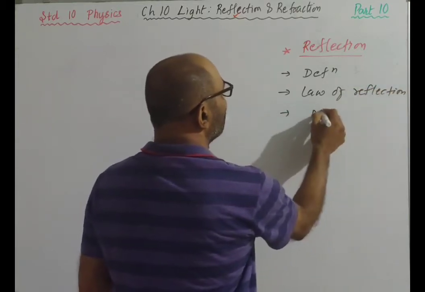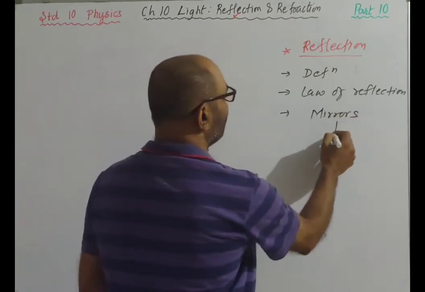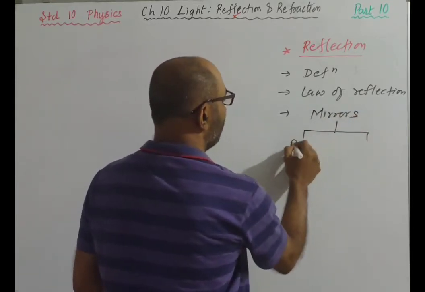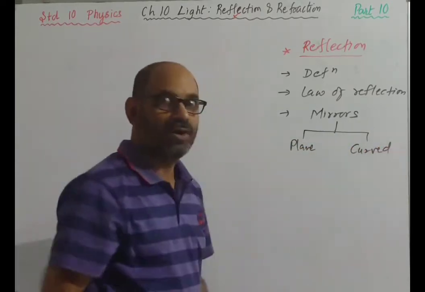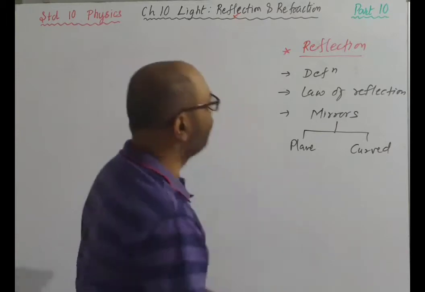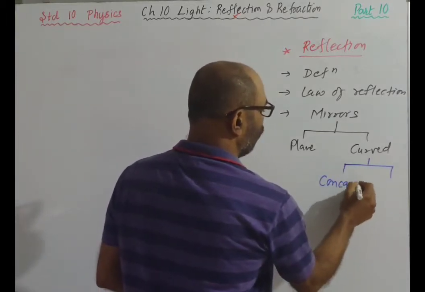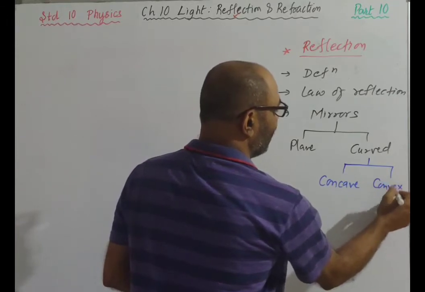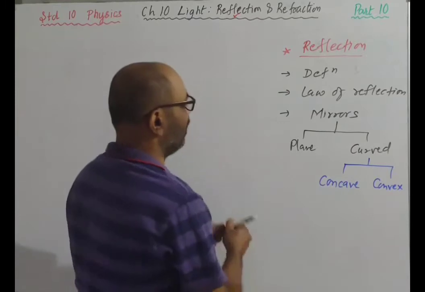Then mirrors. Yes, we learnt about the mirrors. 2 types of mirrors: one, the plane mirror, and other the curved mirror or spherical mirrors. These spherical mirrors are of 2 types: concave mirror and convex mirror, correct? Then the image is formed in this mirror.